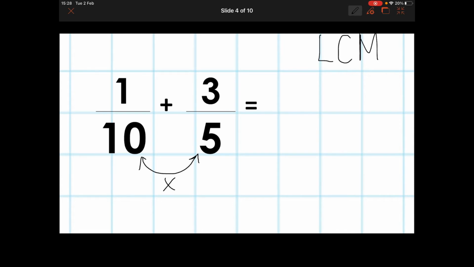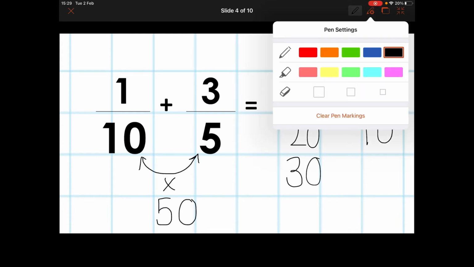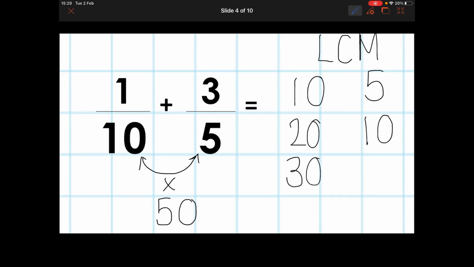Because I know, and you know, that 10 times 5 is 50. But there is a far smaller number that will be the denominator than 50. So if I go ahead and start listing some of my multiples, I'm going to stop as soon as I get a common multiple, and that common multiple, if you can see it, is 10.